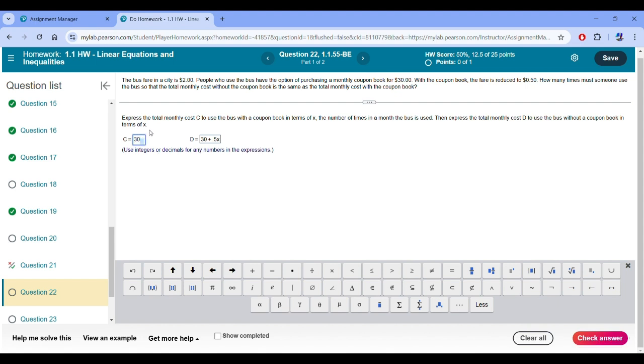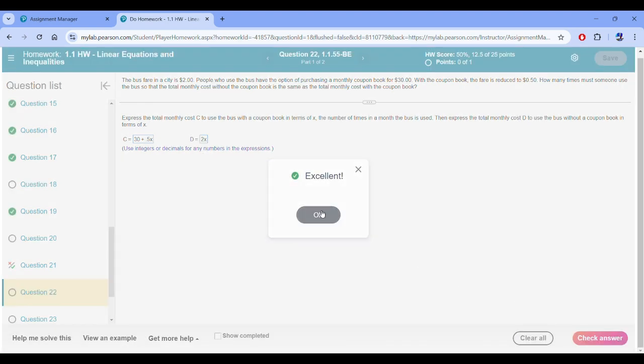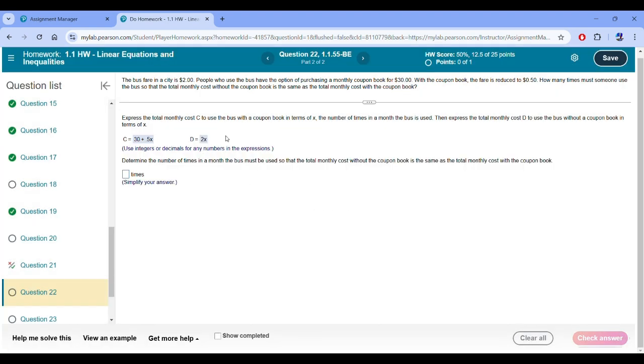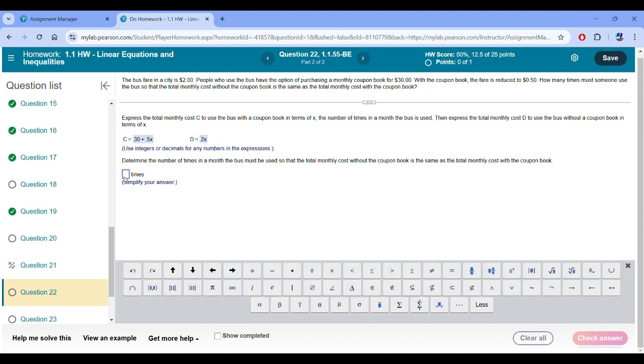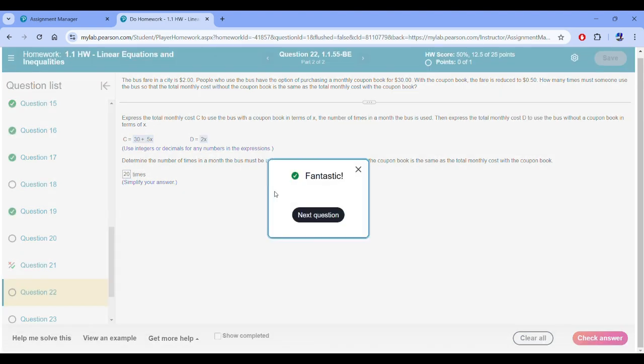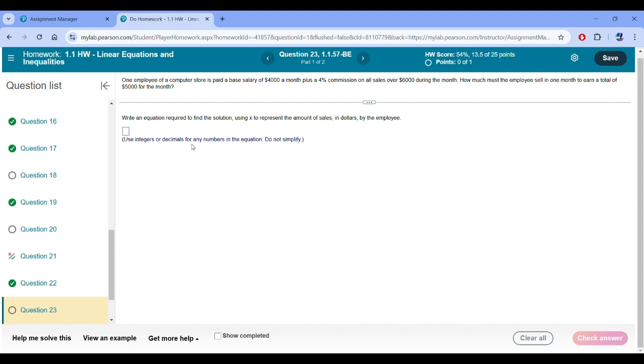See, 30 plus 0.5x, and then if you don't have the coupon book, that would just be 2x. I've got to switch them. All right. And then you set these two equations equal, and then you would figure it out. So 1.5x, I think it would be 20. There you go. Just solving for x.